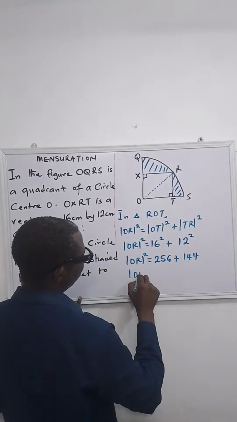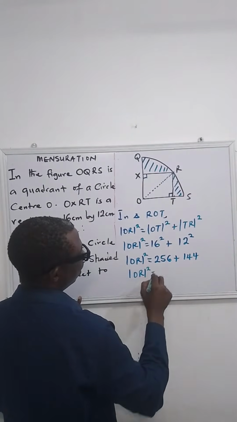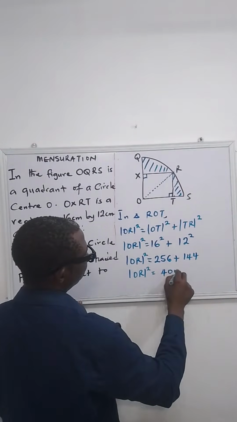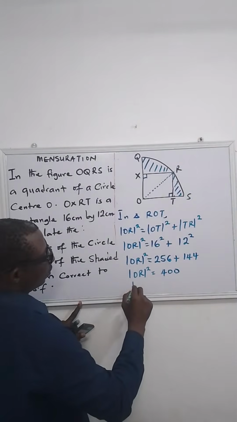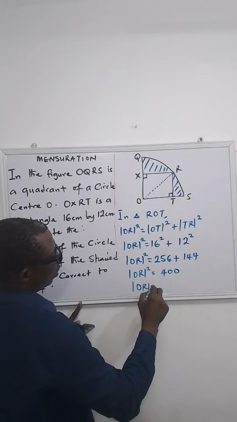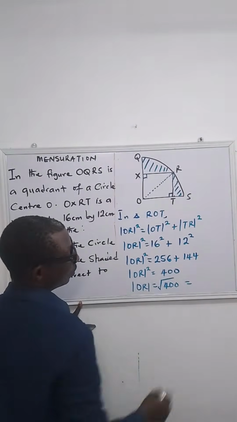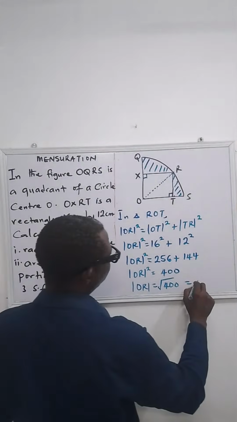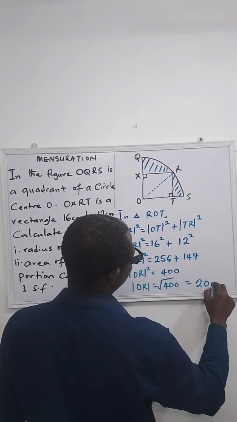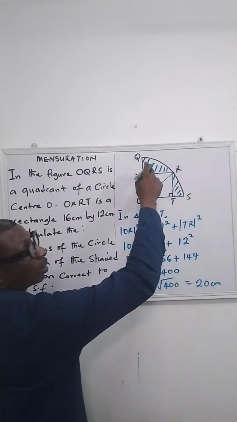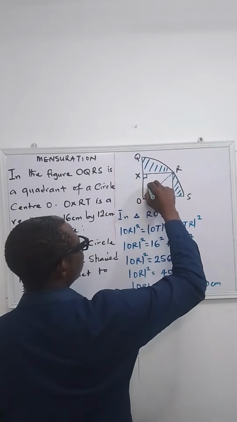When you add together, you have 400. So OR equals square root of 400, and that gives you 20 centimeter. So the radius of this circle is 20 centimeter.